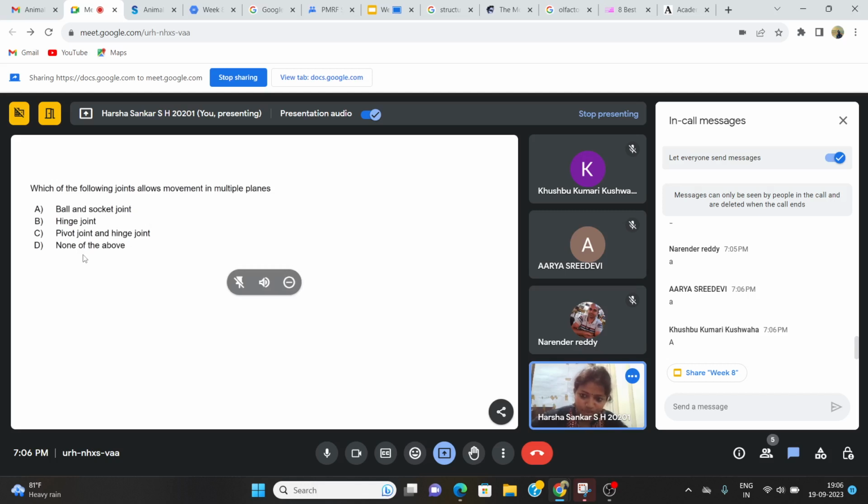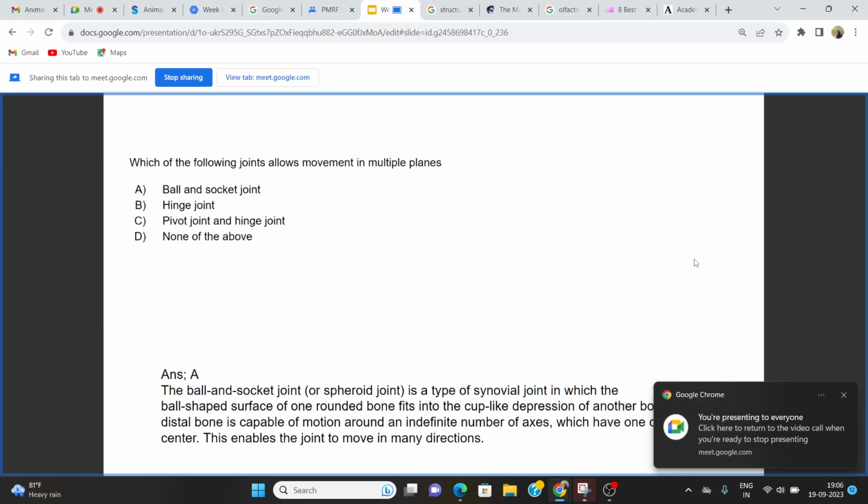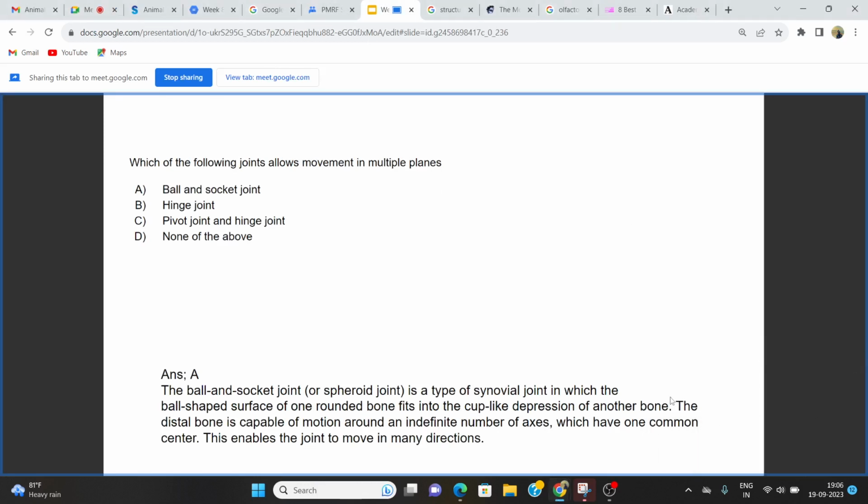Everyone is saying ball and socket, which is the correct answer. It's basically a synovial joint, with a fluid inside called synovial fluid, capable of movement in multiple planes.